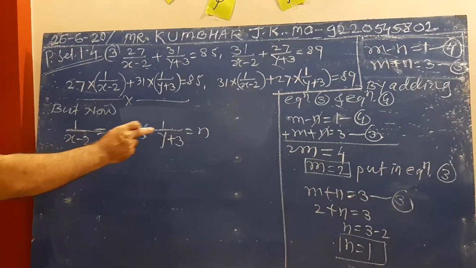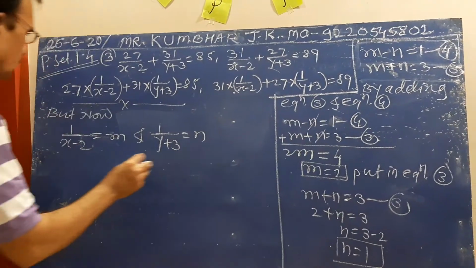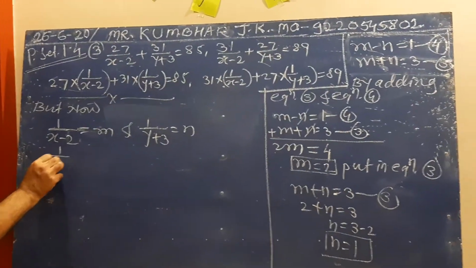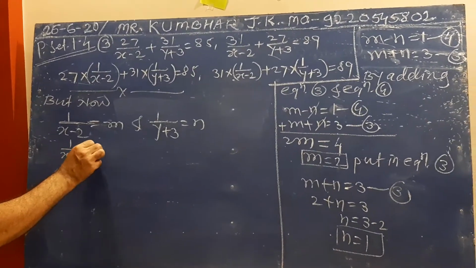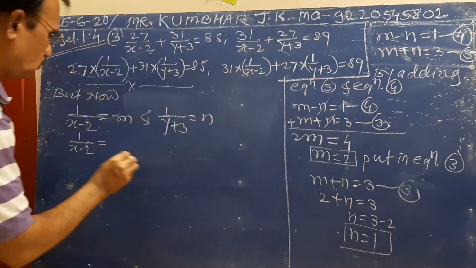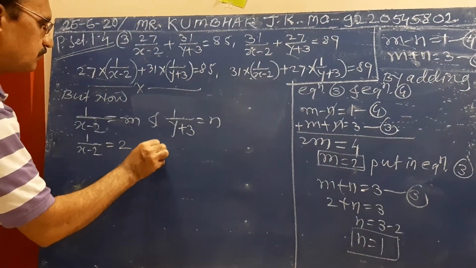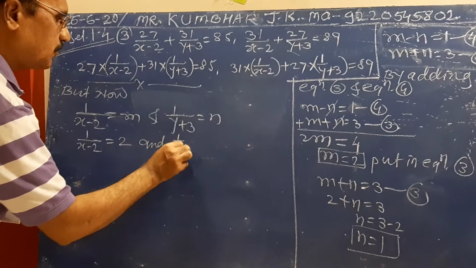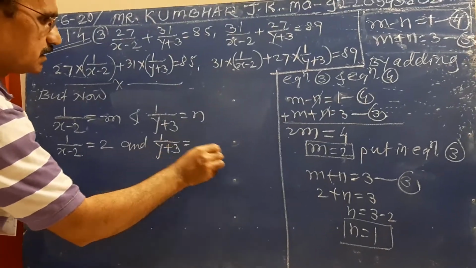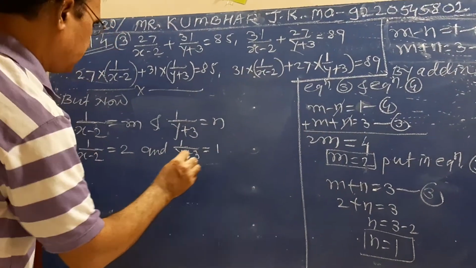Replace the values of m and n from this. 1 upon x minus 2 is equal to 2 and 1 upon y plus 3 is equal to 1.